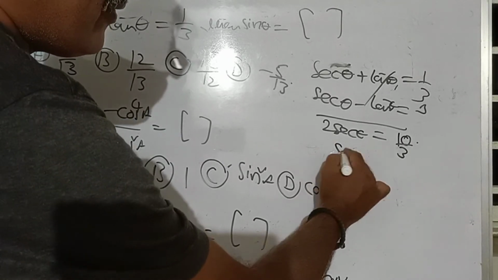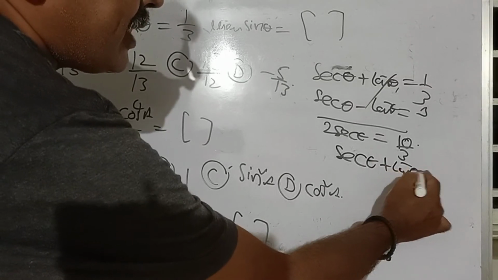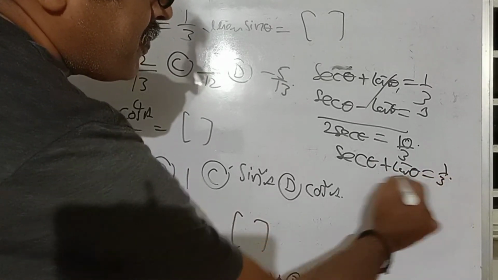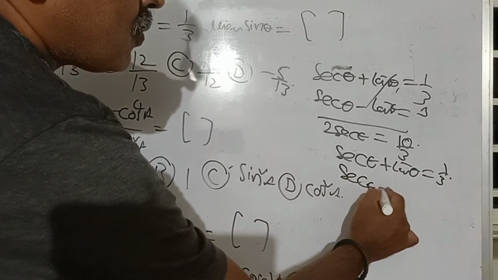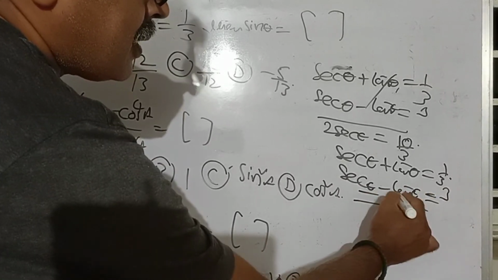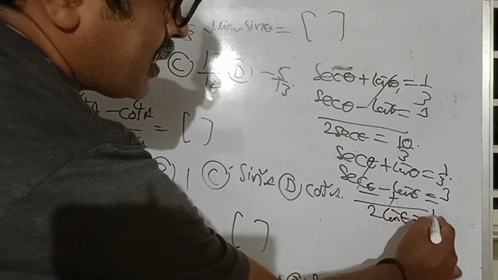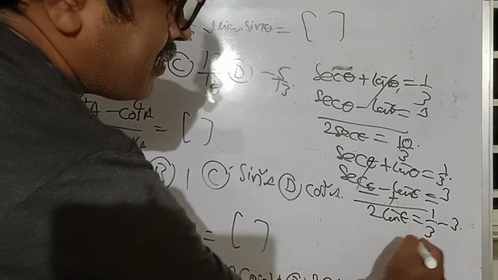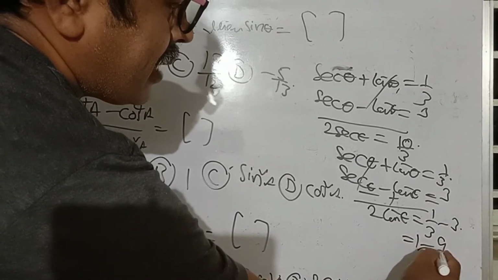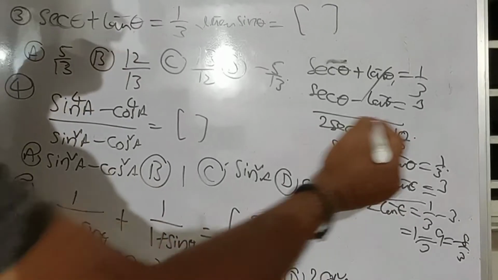Similarly, when we subtract these two equations, 2 tan theta is equal to 1 by 3 minus 3. That is equal to 1 minus 9 by 3, that is equal to minus 8 by 3.